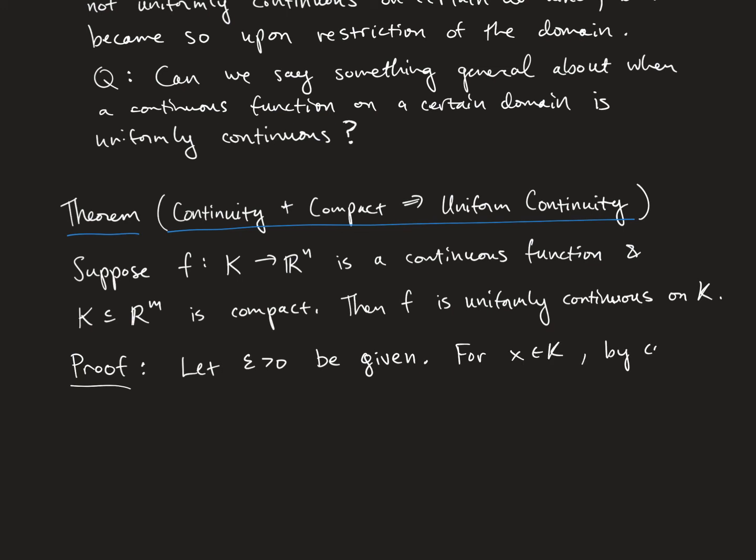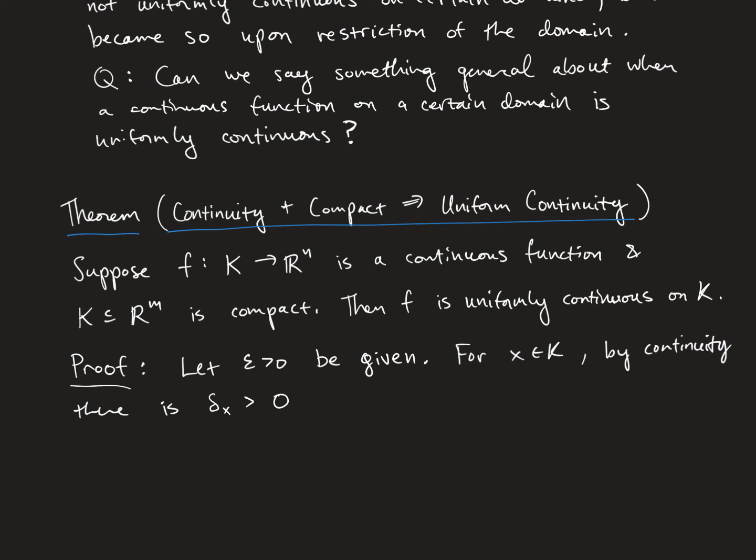Okay, so for any x in K, by continuity, there is a delta, and I'm going to say delta sub x to remind ourselves we just have continuity at each point in K, so this delta might vary depending on x. Right? It's our ultimate goal in the uniform continuity to find a delta which does not vary with x. So by continuity, we have a delta depending on x, potentially.